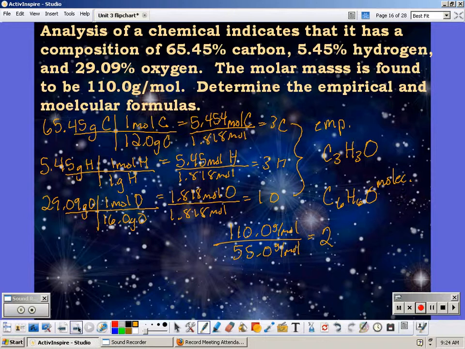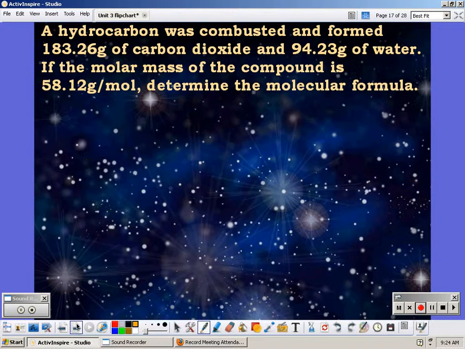Another type of question here, instead of giving you the percentages, they could tell you about a combustion. So here we have a hydrocarbon that's undergone combustion to form carbon dioxide and water. Well, a hydrocarbon contains hydrogen and carbon. And when it's combusted, all of the carbon goes into carbon dioxide and all of the hydrogen goes into water.